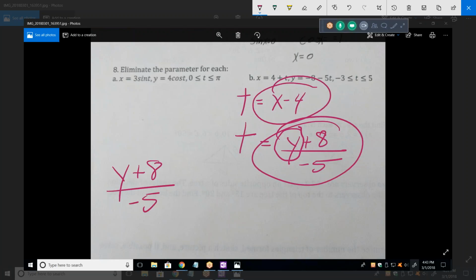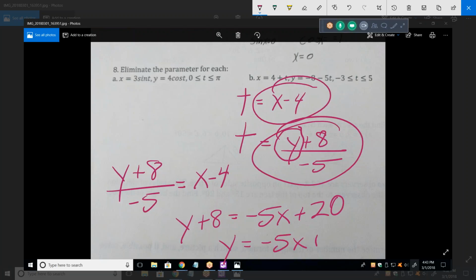Okay, here's what I get. Now I'm going to multiply both sides by minus 5. And now I got y plus 8 equals minus 5x plus 20. Going to subtract 8 from both sides. Minus 5x plus 12.